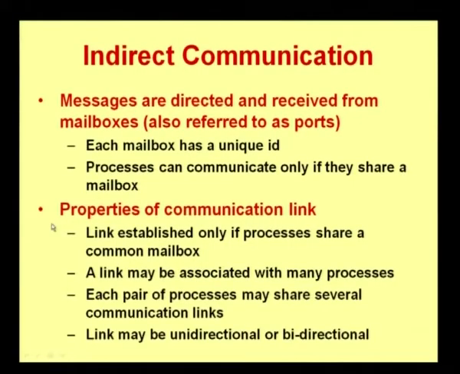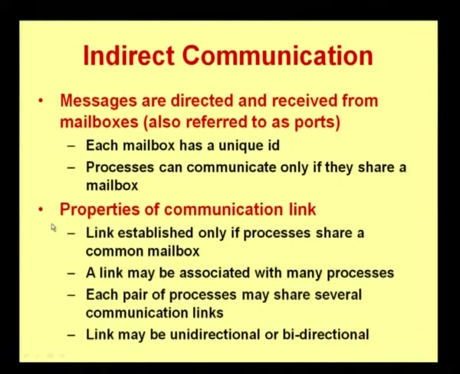At one instance of time, only one process can receive the information. Either P2 or P3, whichever gets it first, will receive it. It will not be received by both processes. So that is a drawback for indirect communication, because it is determined by the operating system.